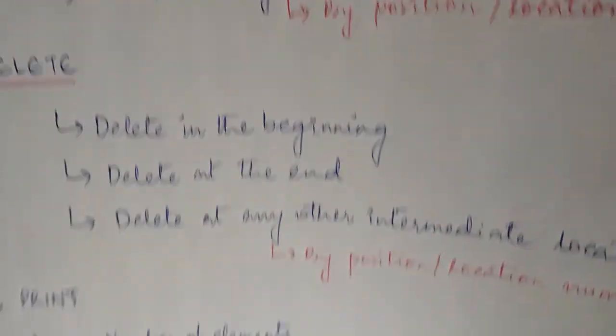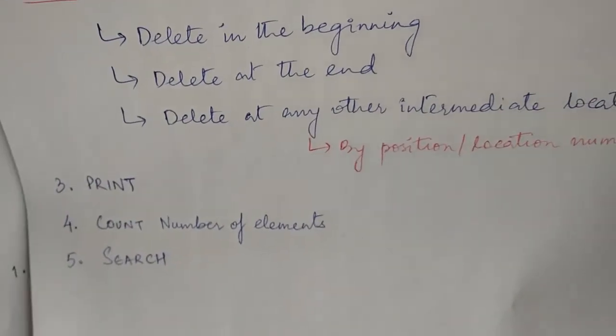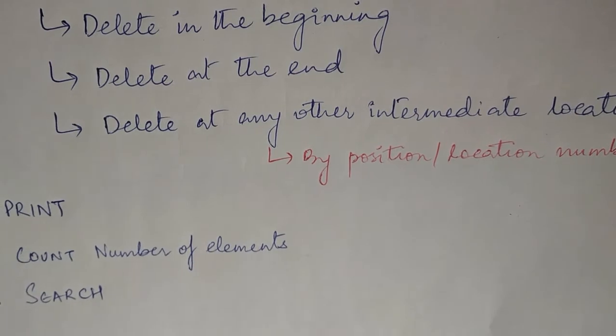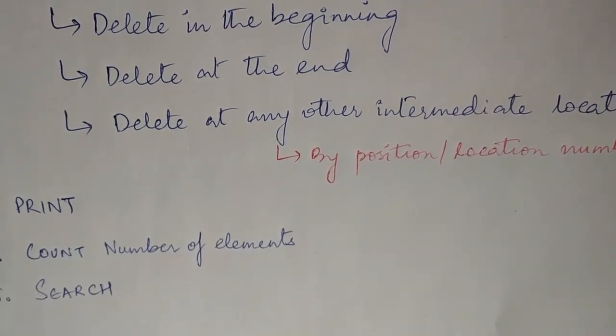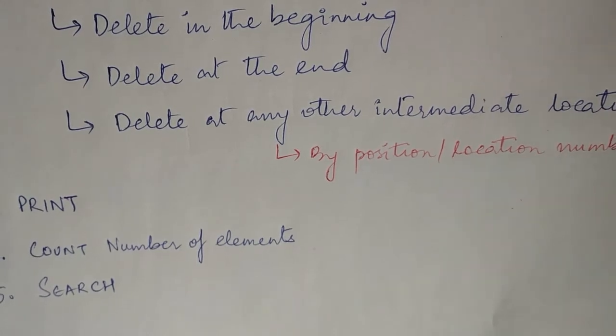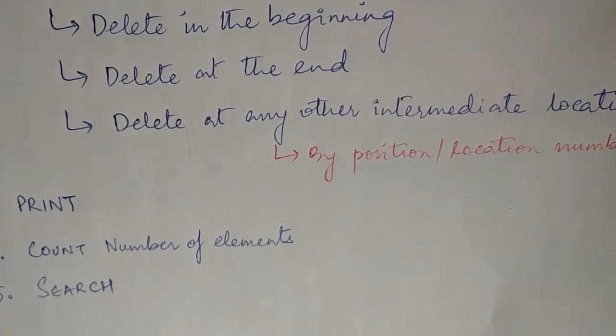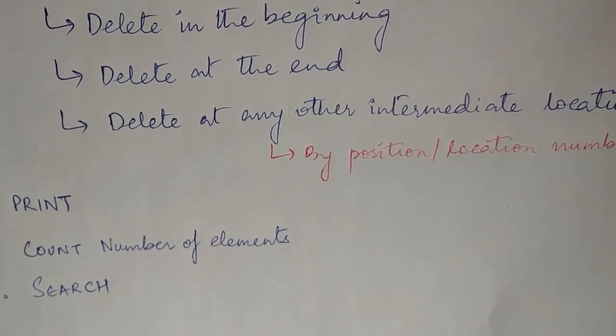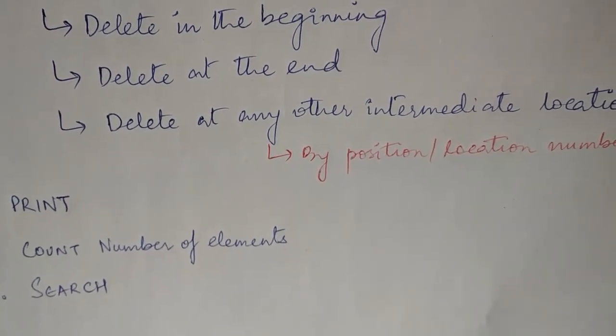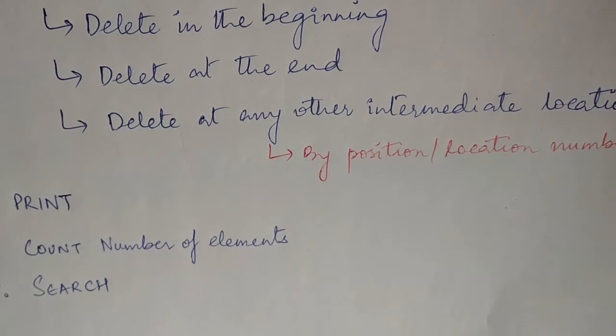You might also want to print your linked list. You want to count the number of elements at any moment of time. You want to search if something exists in the linked list, and there can be many other operations you want to perform. Find out if it's empty, print it in reverse order, or anything that you can do. But these are the basic operations.